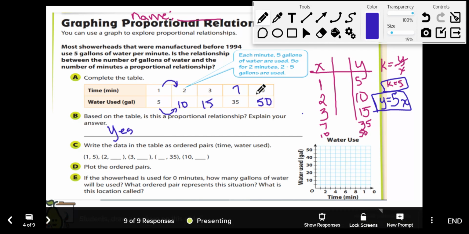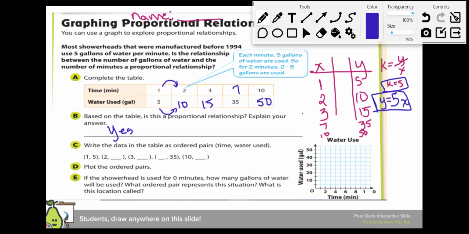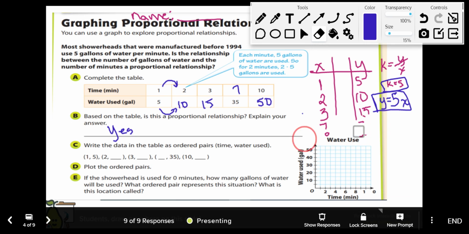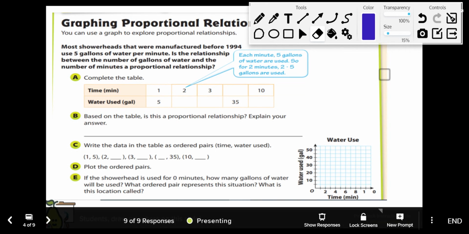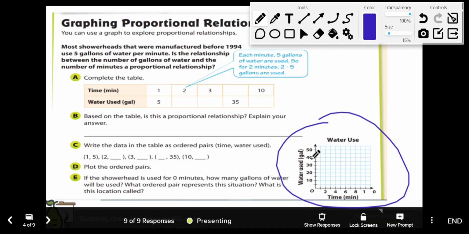Then we have letter C. Letter C says, write the data in the table as ordered pairs. Time, comma, water. Let's talk about ordered pairs. What is an ordered pair? An ordered pair we use on our coordinate plane. This is a coordinate plane right here.